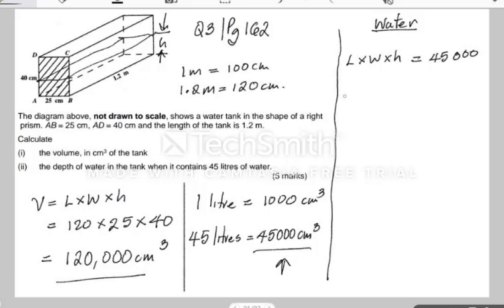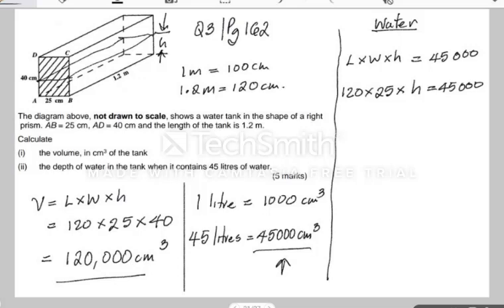Let's put in what we know. This is 120 times 25, and what we don't know is the height, and this is 45,000.